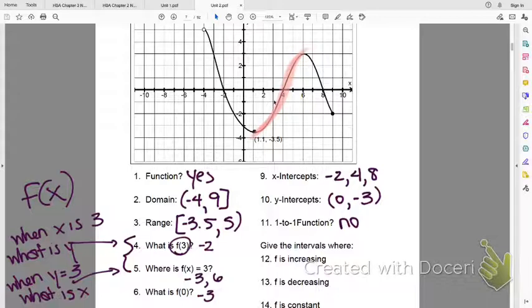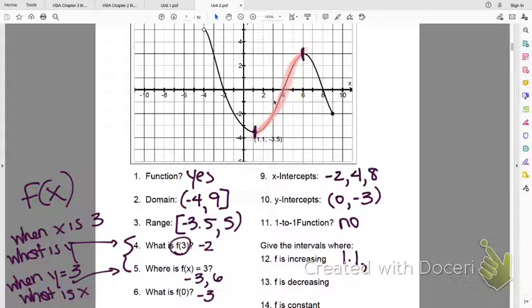And if you actually have to take your finger on your paper and trace, your graph is going up as you go from left to right, from there to there. So we're writing that in terms of x intervals. So what does that section start at? What x value? 1.1, because that's this right here, the minimum. So I start at 1.1, and my x interval stops at, where does the top of the hill happen there?